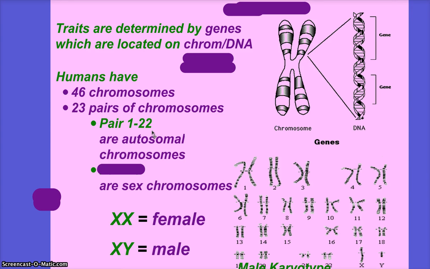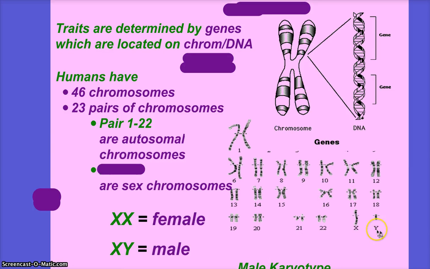Pair 1 through 22 are what we call autosomal chromosomes. Anybody know what that means? Everything but what? Look at pair number 23. What's there? Right here. Pair number 23, right here. What's there? What kind? X and Y represent what?